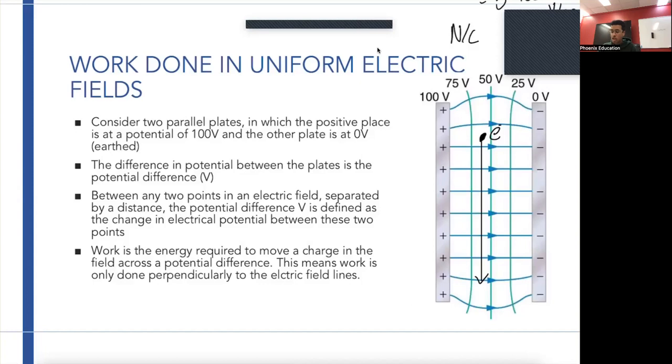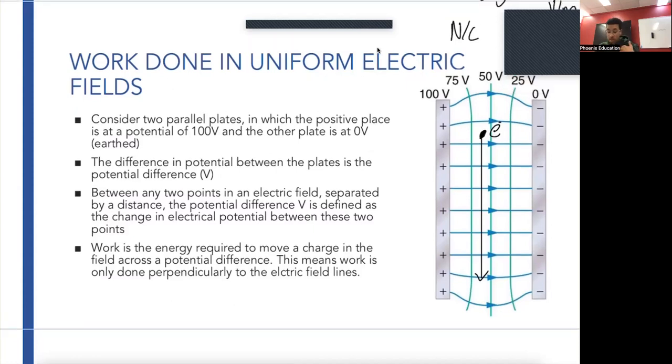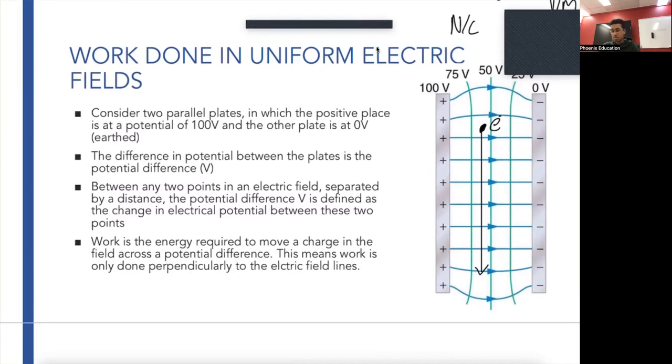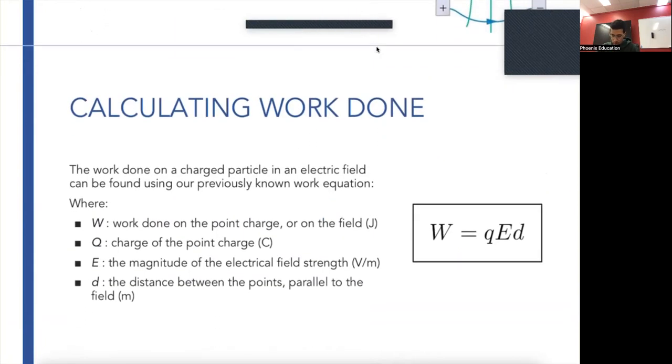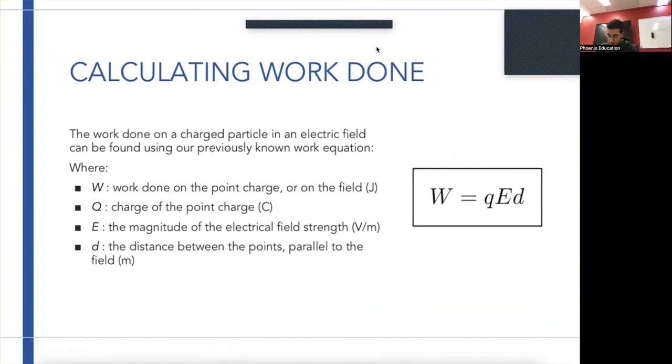The only way you can have a change in potential is when you travel perpendicularly to the plates. That's a really important point, and students mess that up a lot of times. So just remember that work is only done when the particle moves perpendicularly to the plates.